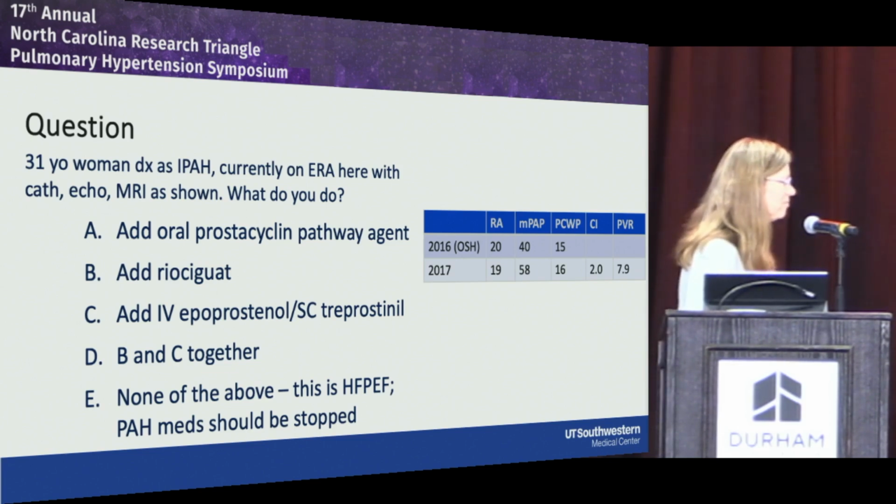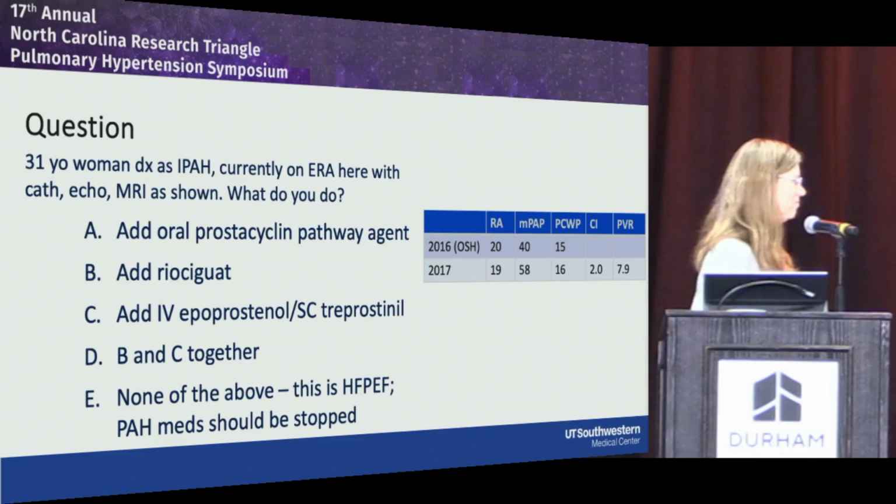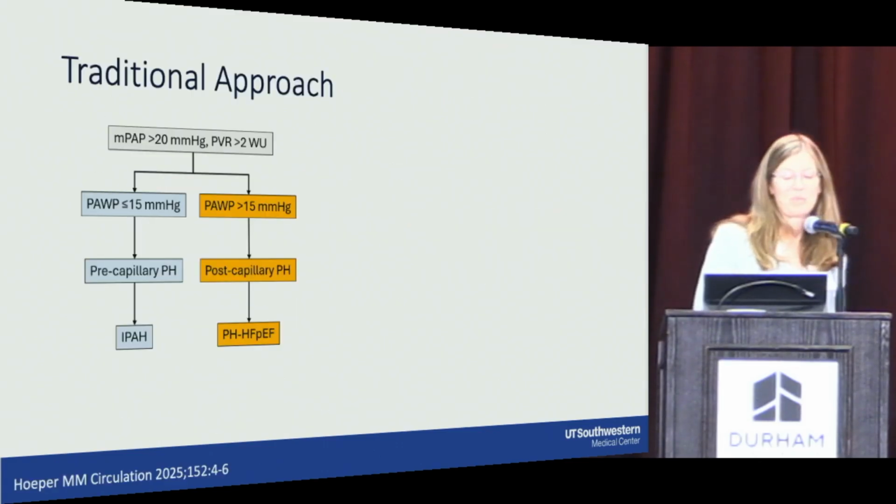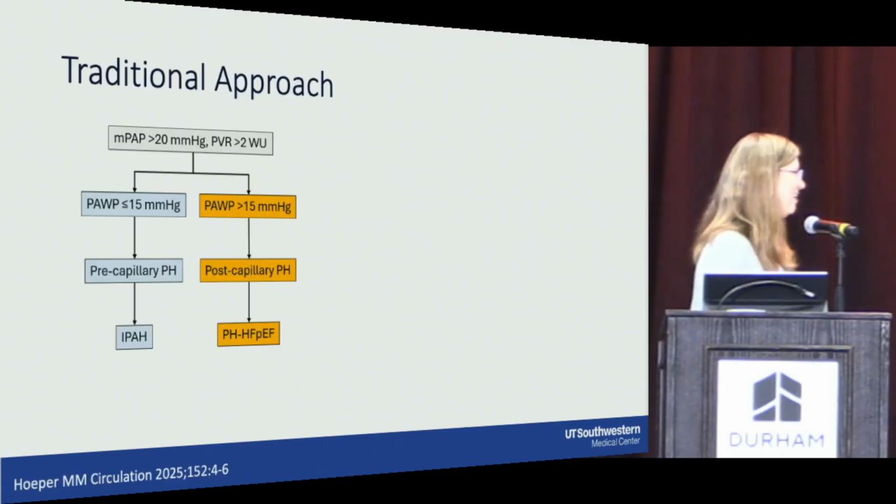Without that history, I would probably be more on the side of adding a drug that I feel is going to be very effective for her with that RA pressure and that index. But the untreated OSA is going to give me a little bit of pause. Her OSA was not severe, but it is present. We do start treatment.